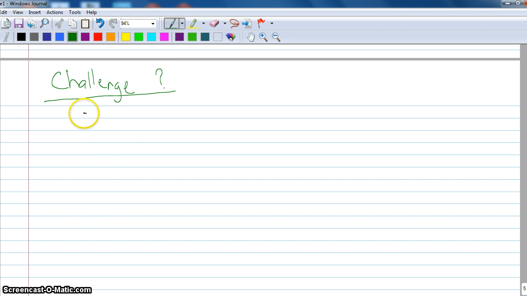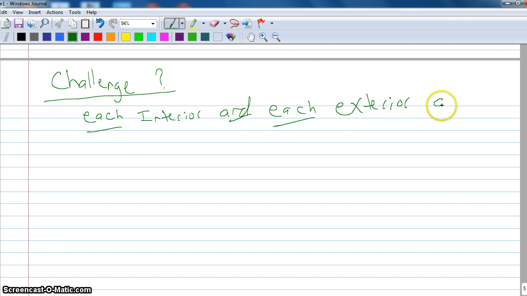Can you find each, that's important, each interior and each exterior angle of a regular pentagon? I hope you didn't go by this word real fast, because regular is very important. Remember, regular means equilateral and equiangular.